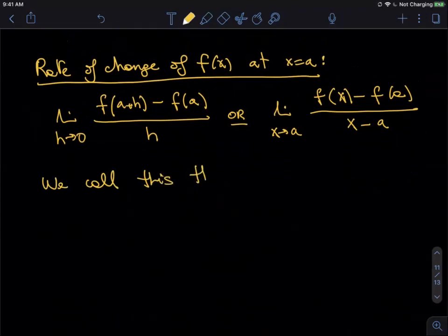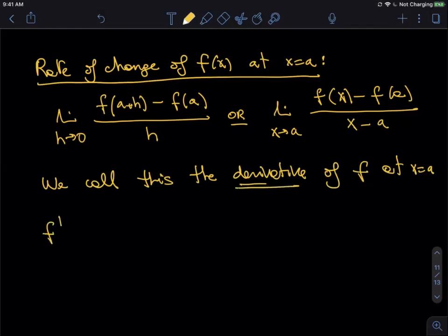We call this the derivative of f at x equal a, and we denote the derivative, this is a very important notion, we call it f prime of x, and that is precisely this limit we have just written.